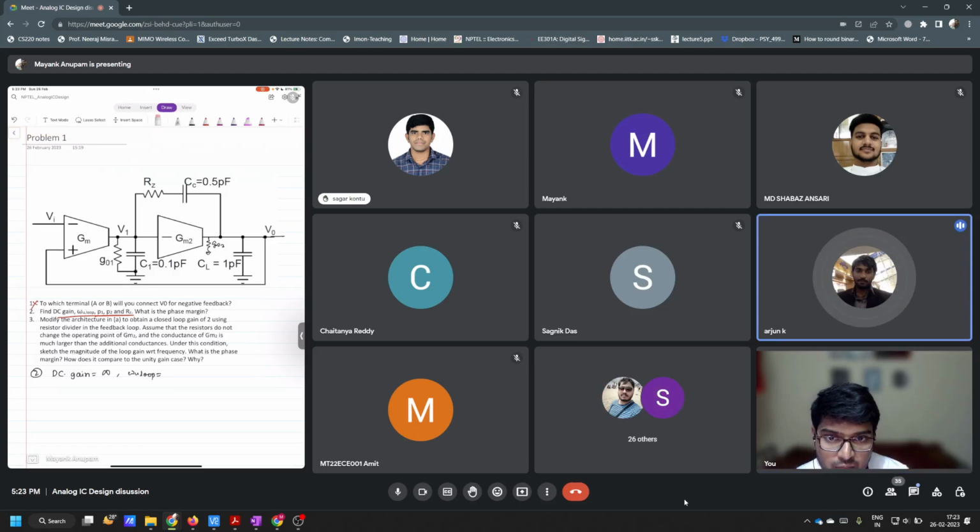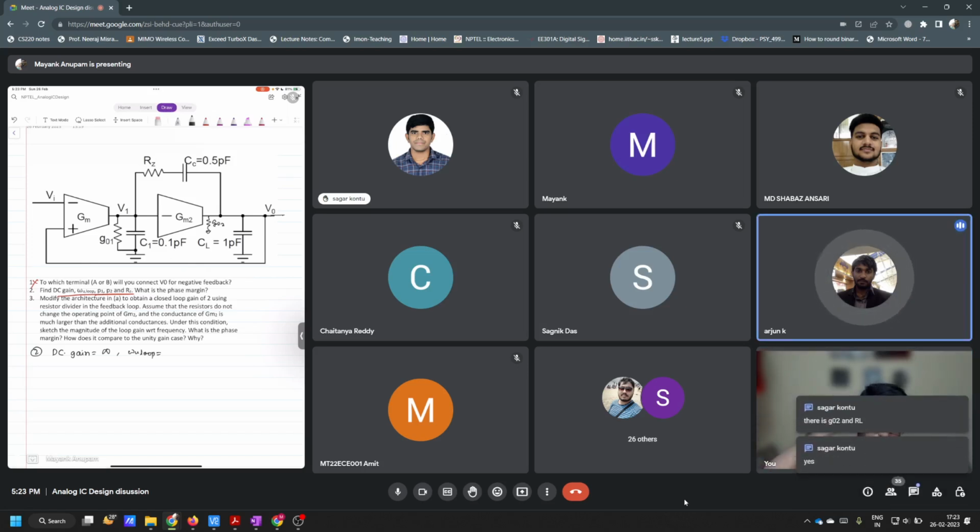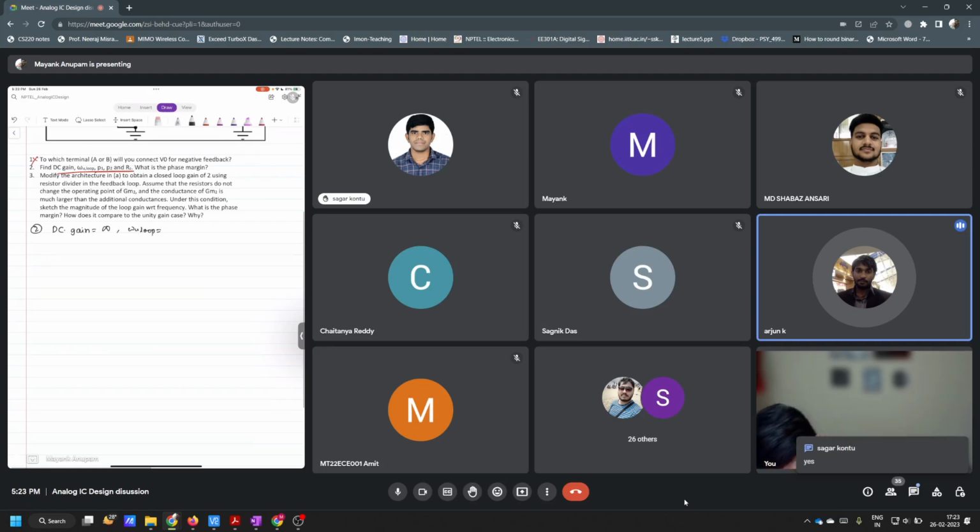So do we need to break the loop and then calculate? Yeah, definitely you have to break the loop everywhere. If it is just a non-inverting amplifier or voltage divider, then how do we calculate the load resistance by breaking it?